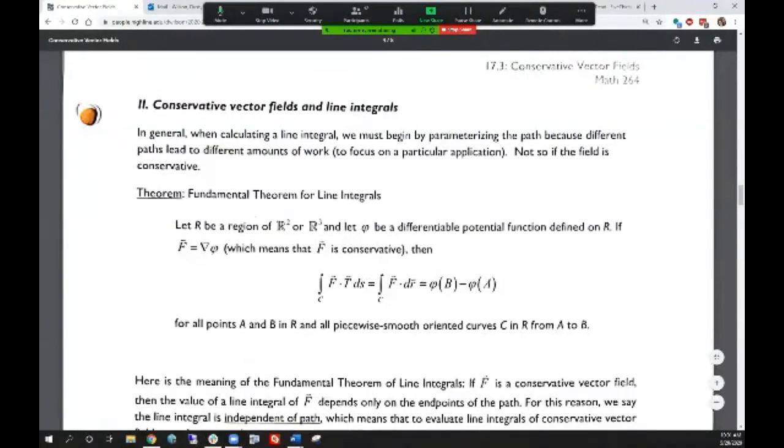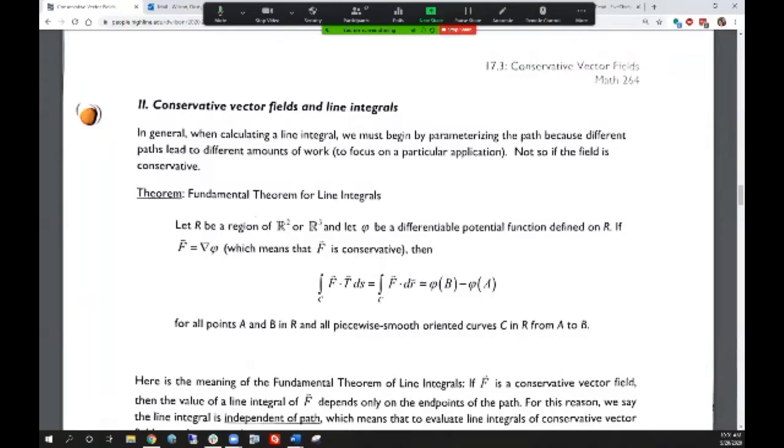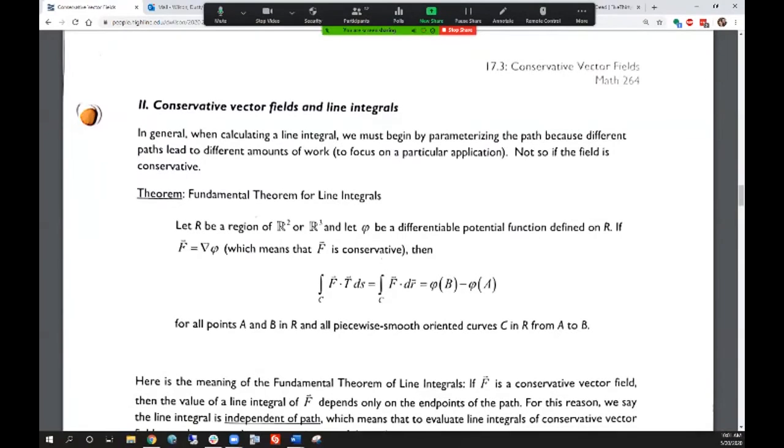So we are again in 17.3 on conservative vector fields, and we are going to begin exploring their connection to line integrals. And good news, it's a nice, simple connection. So in general, when calculating a line integral, we must begin by parametrizing the path, because different paths lead to different amounts of work.